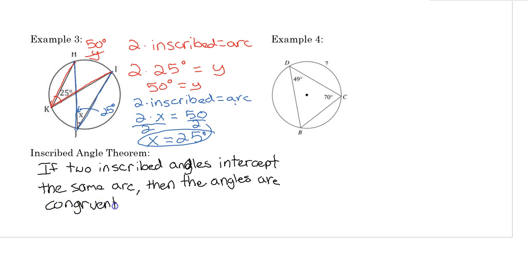Congruent just means equal. So since these two angles both end on H and I, those two angles are the same. So that's a good rule to know. If you can't remember that, you can also just solve exactly like we did. These theorems are just ways to speed it up.